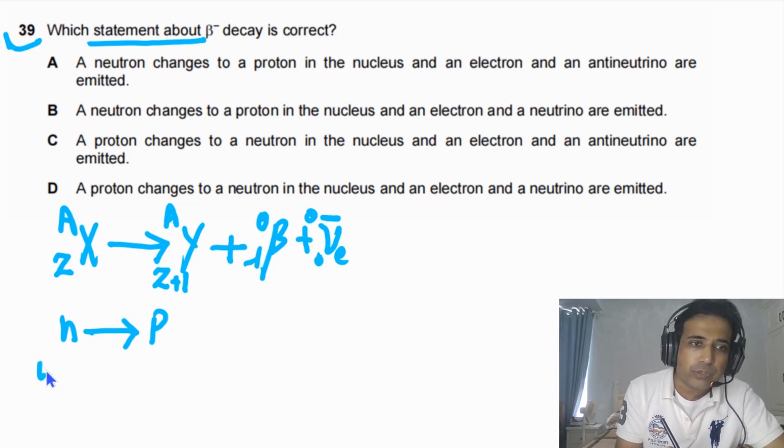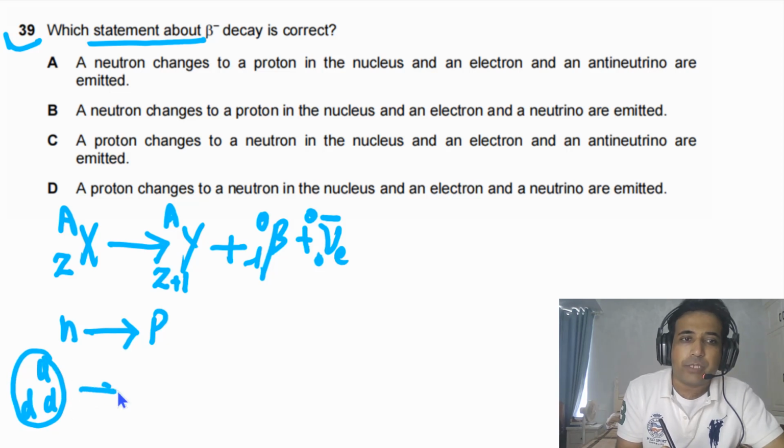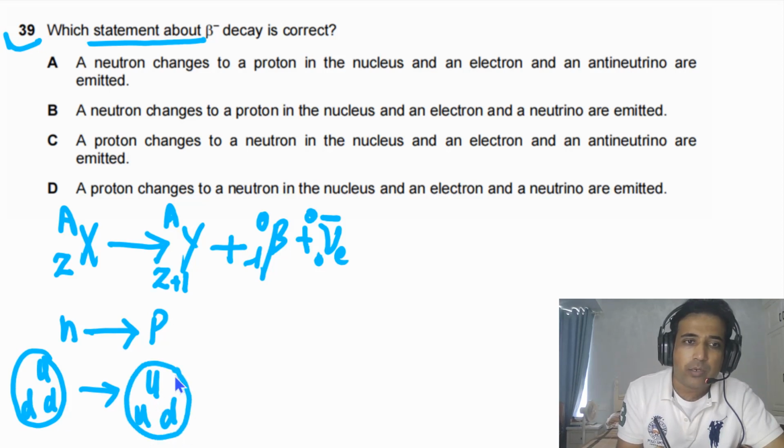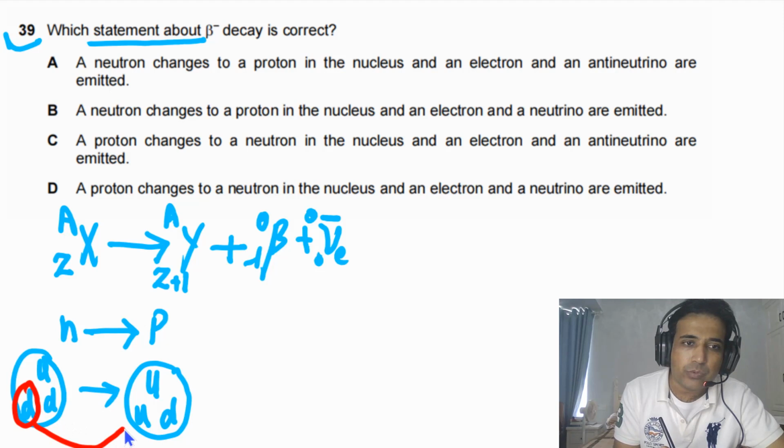We can also say in this case we have the quark composition of a neutron: it consists of 1 up quark and 2 down quarks. It decays into a proton. A proton has 2 up quarks and 1 down quark. So we can also say in this case 1 down quark has been converted into an up quark.